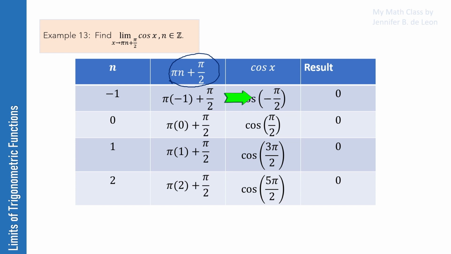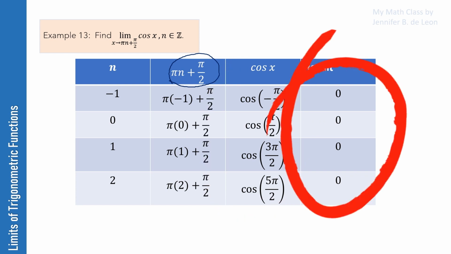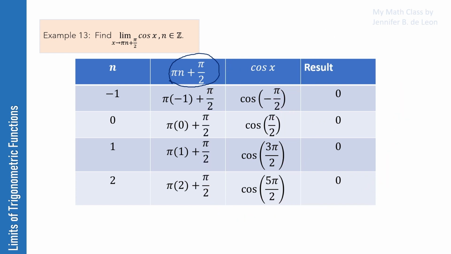Then evaluating the function f of x equals cosine x with the found values of x, we get 0, leading us to our conclusion that the limit of cosine x as x approaches pi n plus pi over 2 is 0.